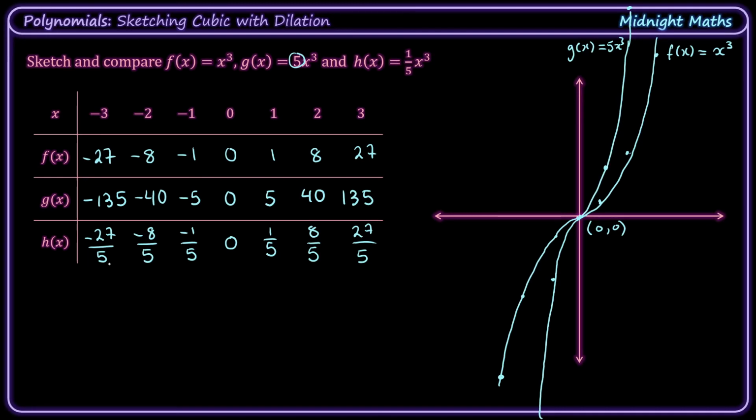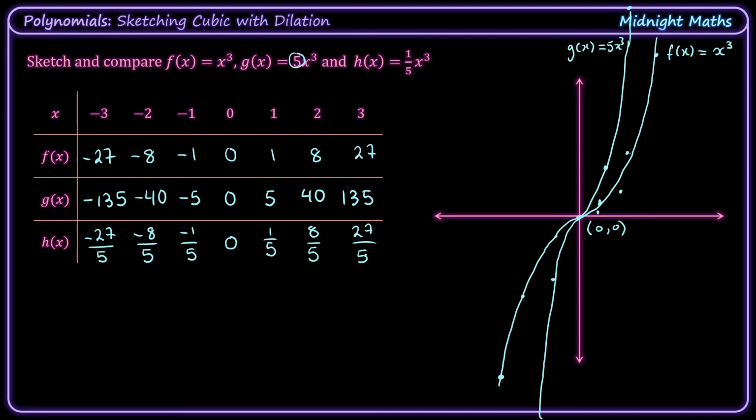Now for h of x, every point turns into 1/5 as high. So for the coordinate at 1, instead of being at 1, 1, it's now at 1, 1/5, which is a lot closer to the x-axis. For 2, instead of 8, it's 8/5, which is a little bit under 2, so it's maybe here.